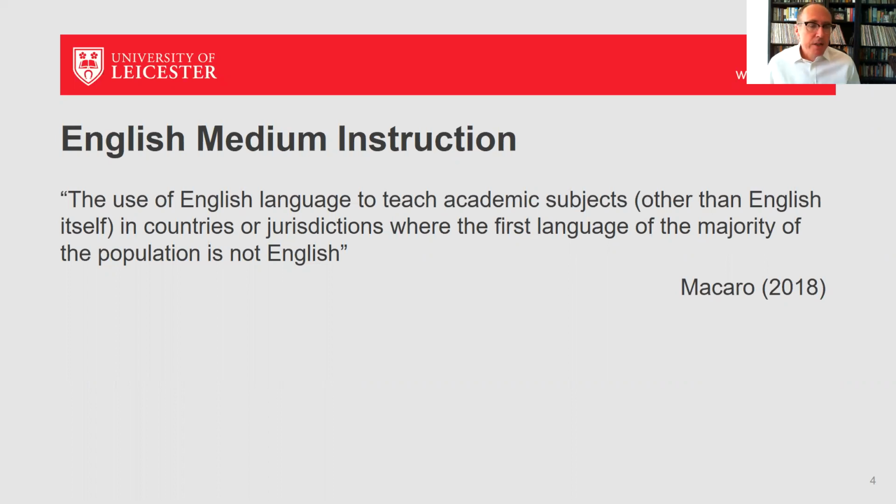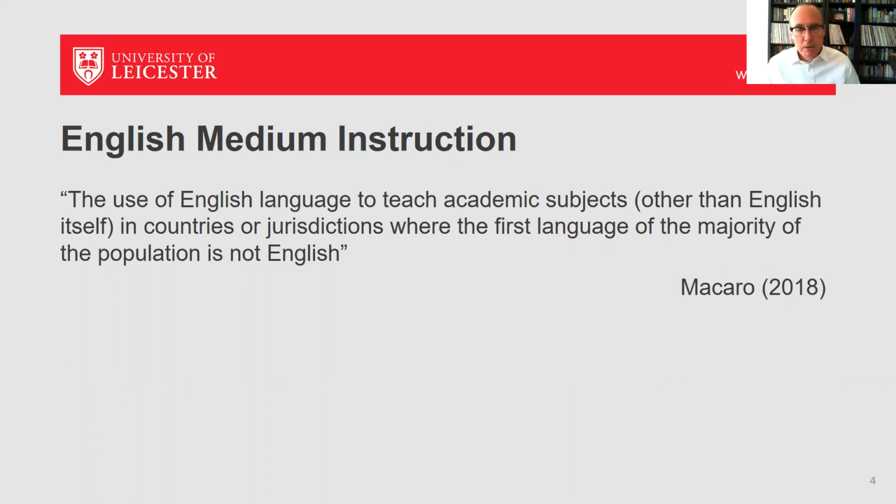EMI, though, the first thing to notice is that it's the use of English language. It's in the title, English, and this is different to CLIL, as we'll see. So the first thing is around the use of English language. Second point is that it's about teaching academic subjects. Academic subjects, that means other than English itself.